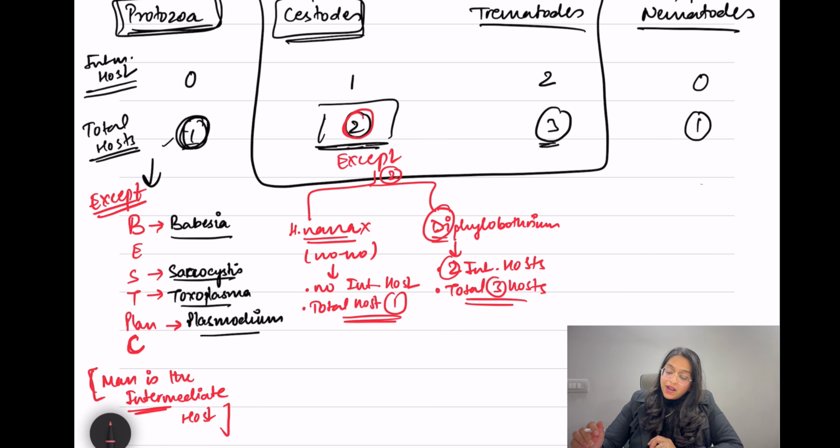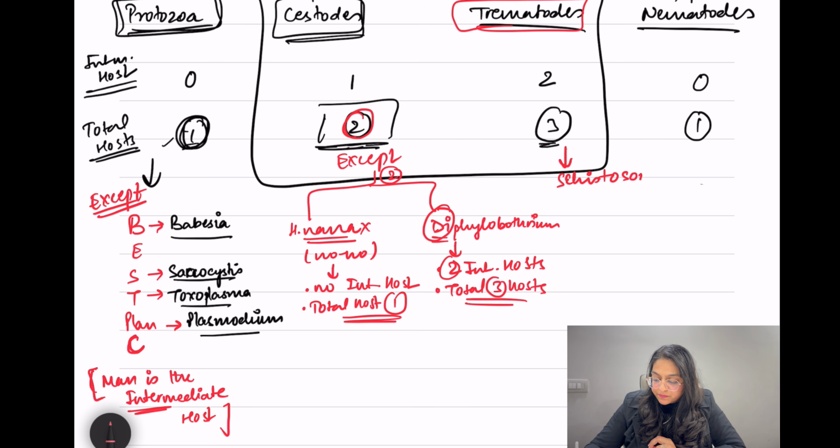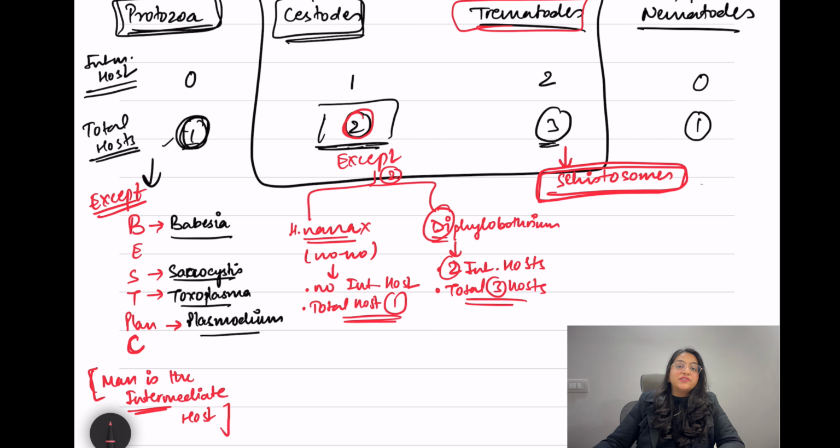Easy to remember. Trematodes have only one exception, and this guy is schistosomes. Now these schistosomes have lots of exceptions. Just remember, in trematodes there is one outlier. There is one black sheep in the trematodes, and that is schistosomes. All of the trematodes follow the rule, but schistosomes don't. What is the exception?